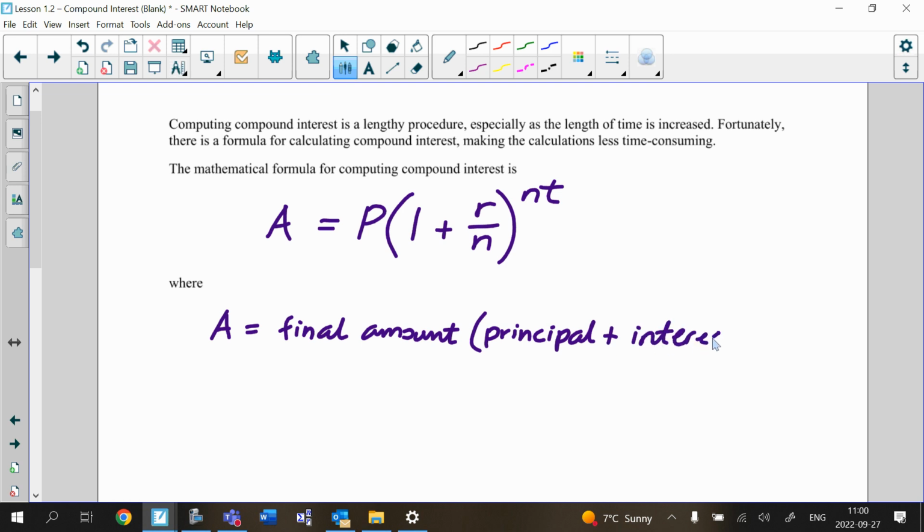P is the same as in the simple interest formula, the principal. How much you started with, how much you borrowed initially, or how much you invested.